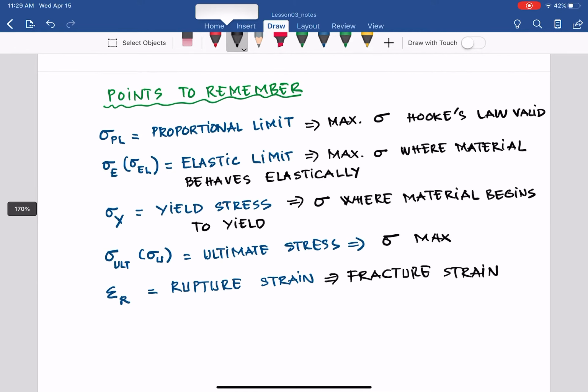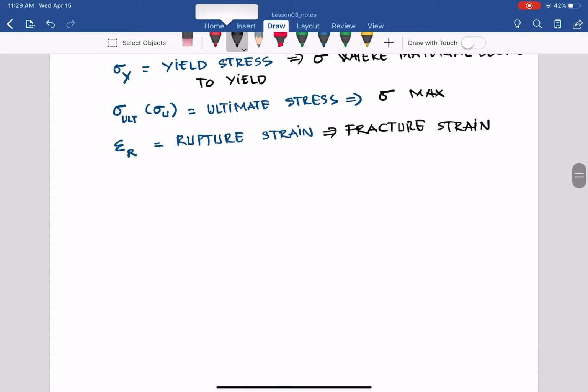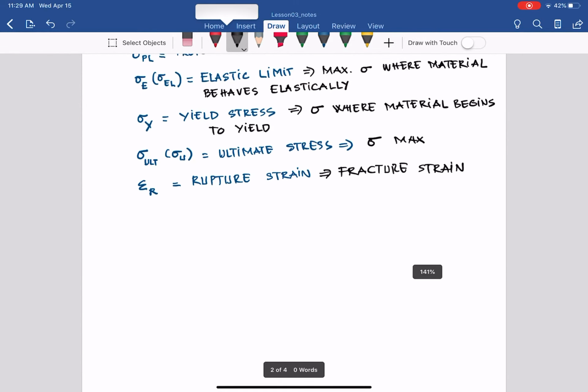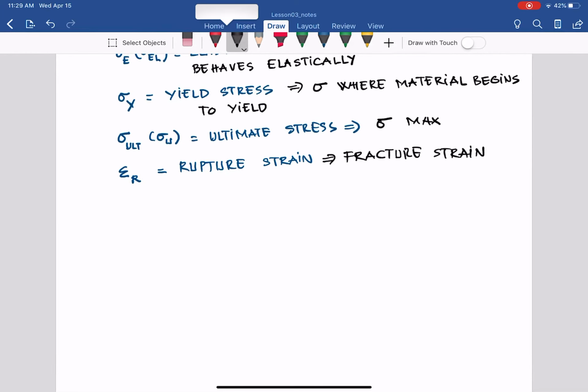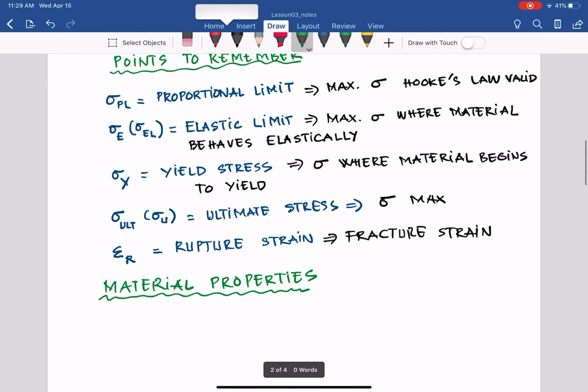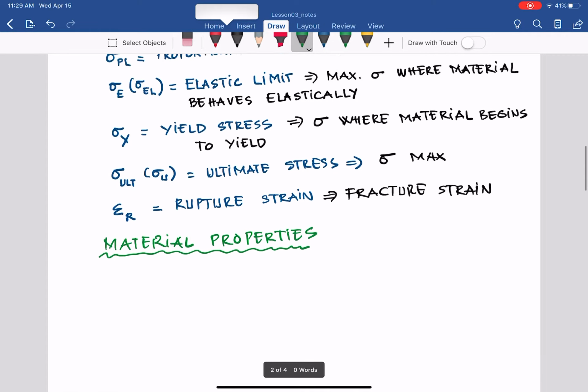And when we have those points to remember, we have a few material properties that we briefly mentioned earlier, but now let's put them into detail. So some material properties that we need to remember, after learning all of those new concepts: proportional limit, elastic limit, yield stress, ultimate stress, rupture strain.